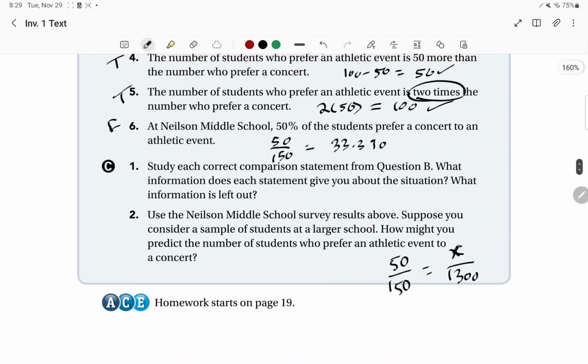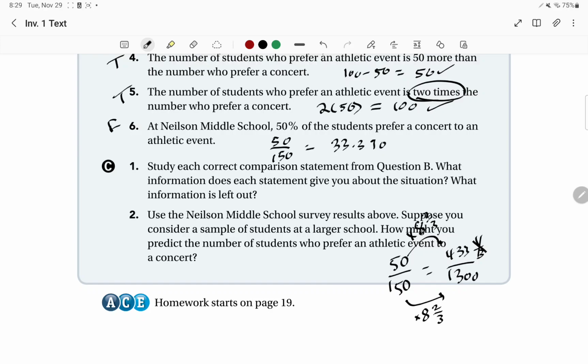I made this up randomly so these numbers don't work well, but if you take 150 times 8 2/3, that will give you 1,300. So we're going to take 50 times 8 2/3, and that gives us a value. I'm going to erase the x. That gives us a value of 433 and 1/3, but we're not going to include that 1/3 student.